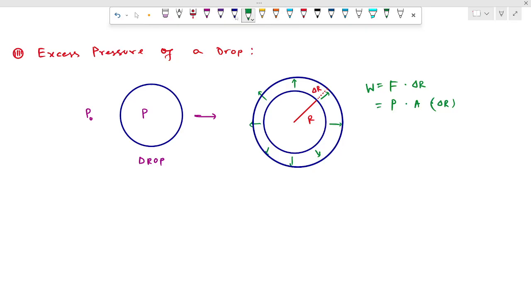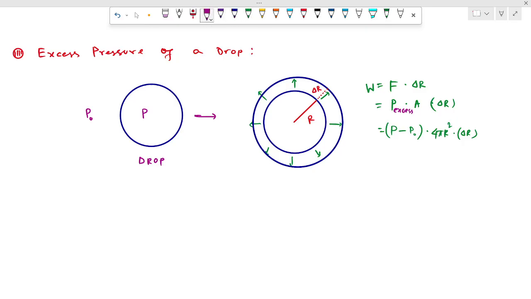But here this pressure is not pressure only, it is excess pressure. So excess pressure, that is, P minus P naught. P is the pressure inside the drop and P naught is the atmospheric pressure, and the surface area is 4 pi r square times delta r.